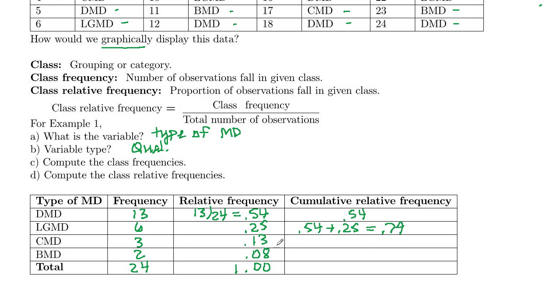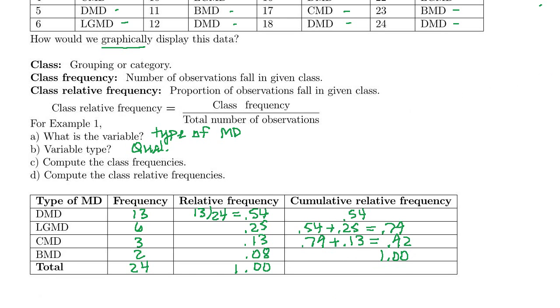And then the total for the first 3 classes: this is the total for the first 2, 0.79, and then add on that third class, plus 0.13. So that's 0.92. And then plus another 0.08 is going to be 1.00. So those are our cumulative relative frequencies.